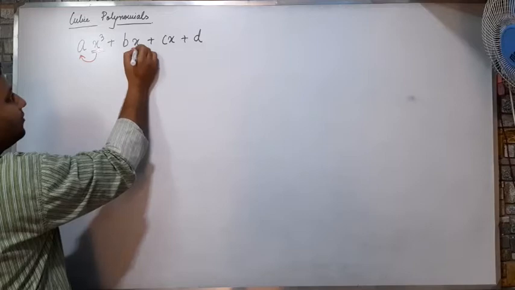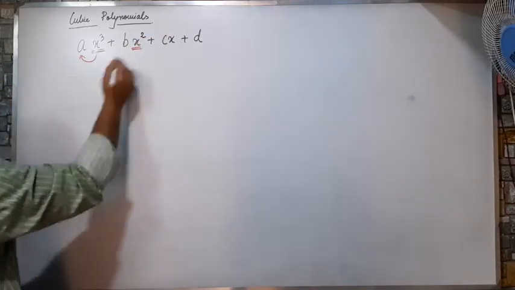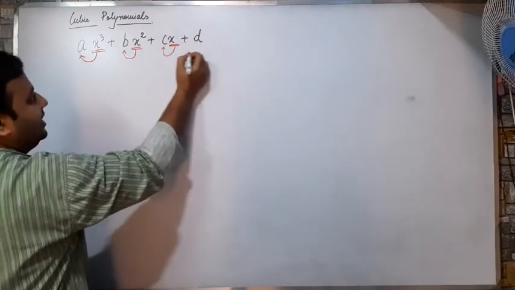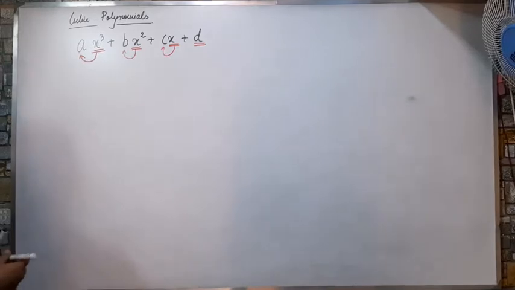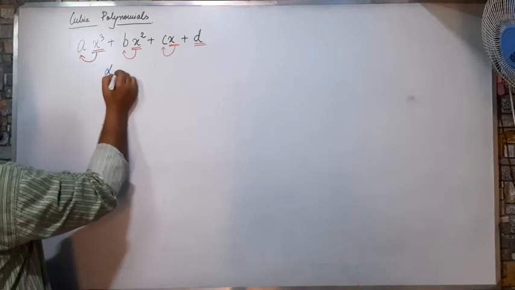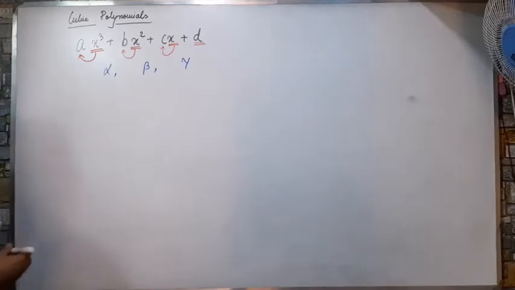The coefficient of x square will be termed as b. The coefficient of x will be c, and the constant term will be termed as d. So here also I will get three roots. The first one will be alpha, the second one will be beta, and the third one will be gamma.